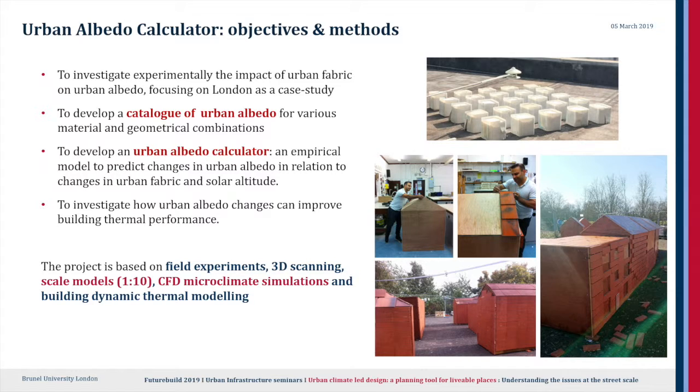It's a 1:10 scale model, which allows us to test the real effect of materials in real urban form. This is very different from very simplified models like the picture on top, which is what has been done so far. Of course, the city is quite different, so we are going to see what happens in real urban fabrics in terms of radiation balance, so that we can investigate how the urban albedo affects the energy performance and the comfort of buildings.